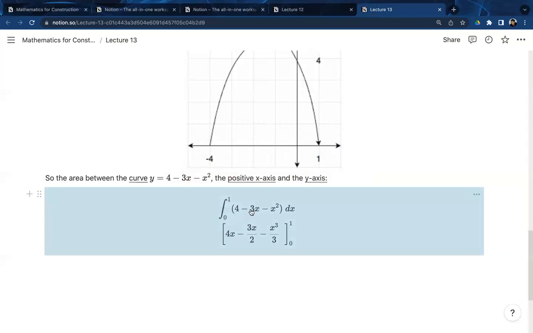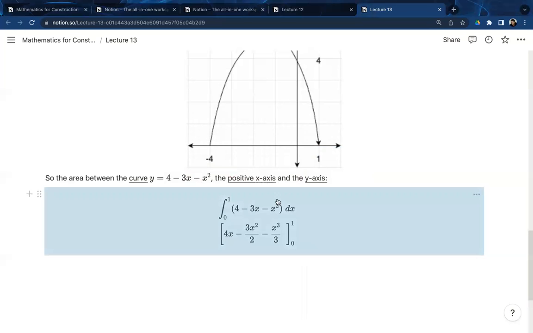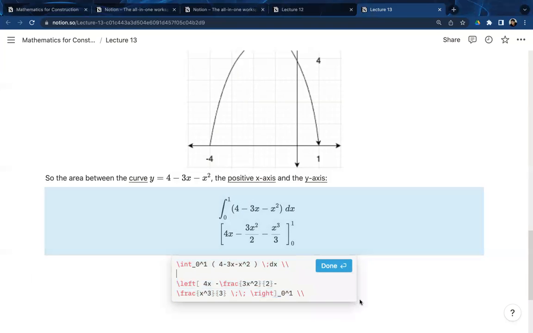Okay? So you integrate each one by one and you leave the sign. Integral of 4 is 4x, integral of 3x is 3x squared over 2, and integral of x squared is x cubed over 3. Now we're ready to substitute.